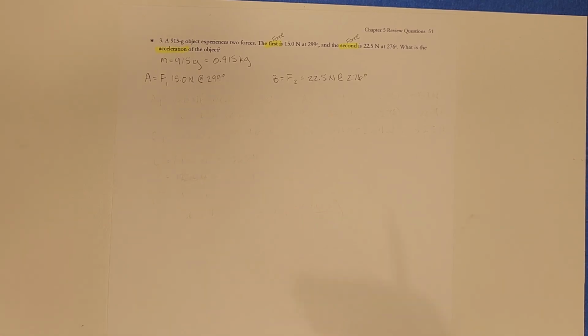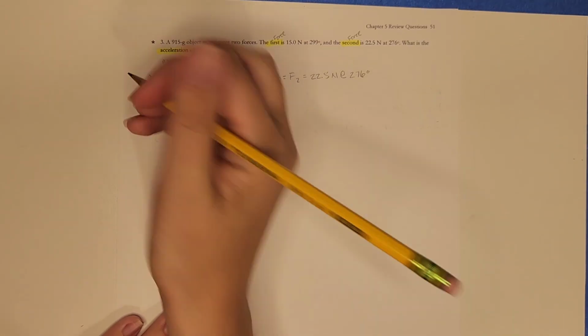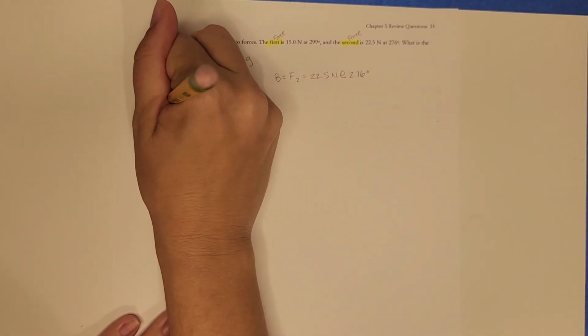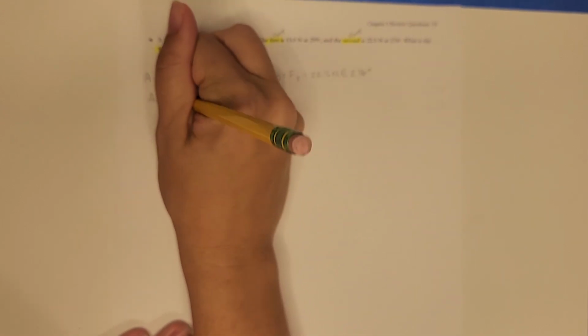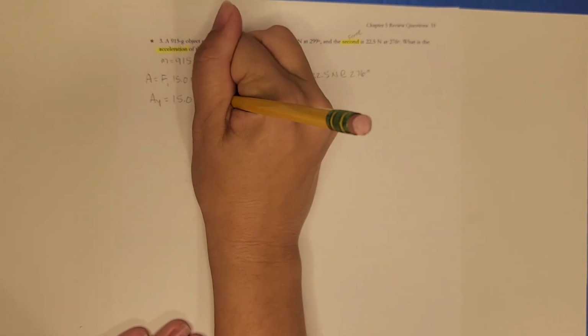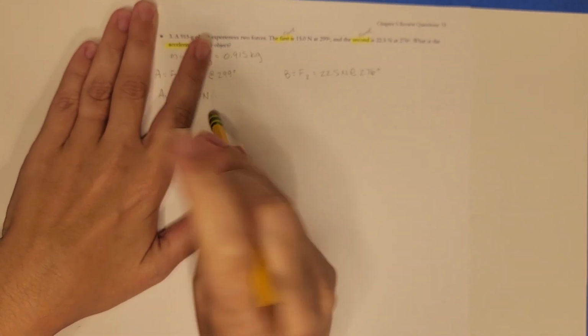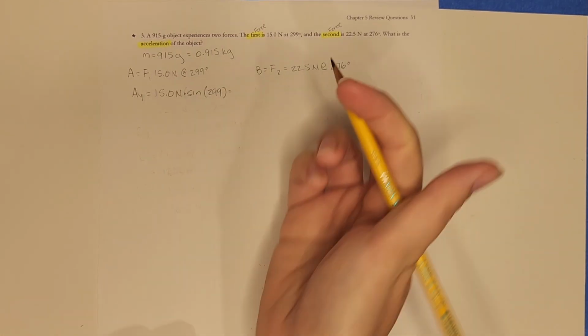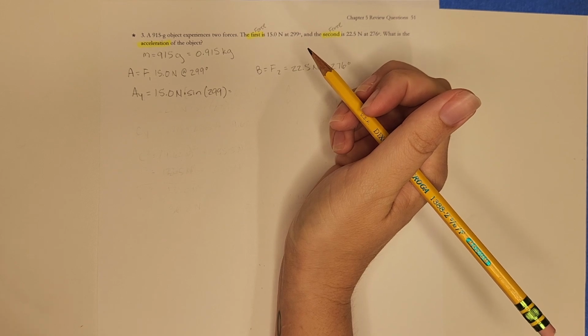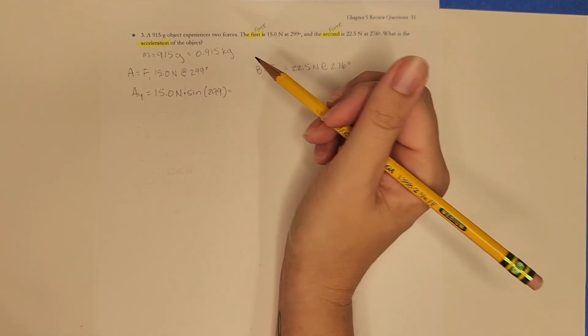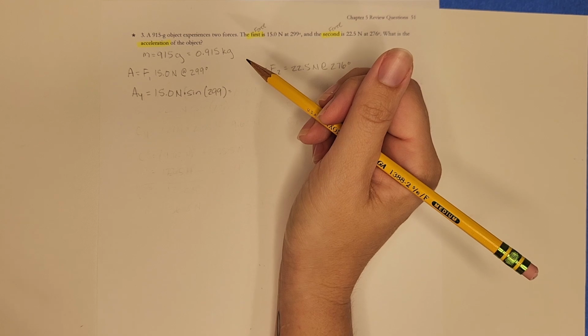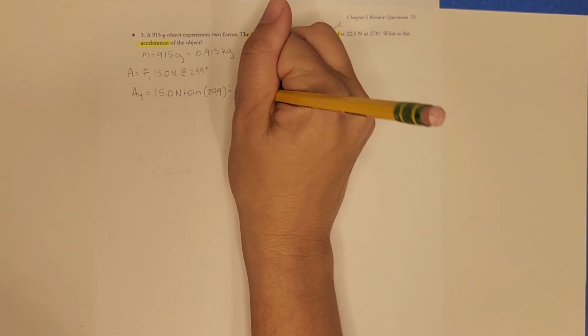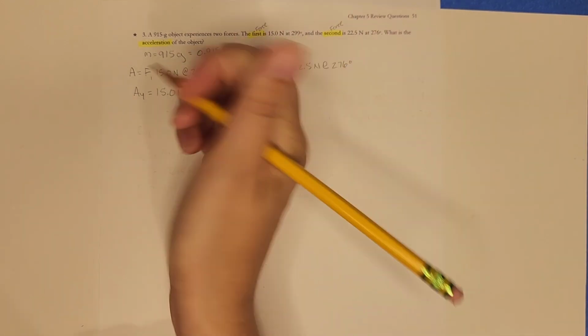So first I'll use my chapter 4 equations to get my y values of each of these vectors. So my AY equals 15.0 newtons times the sine of 299, and with that, plugging it into my calculator and rounding to 3 significant figures, I get negative 13.1 newtons.